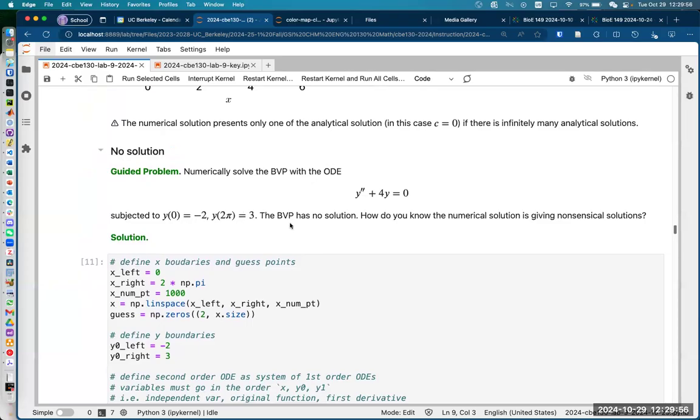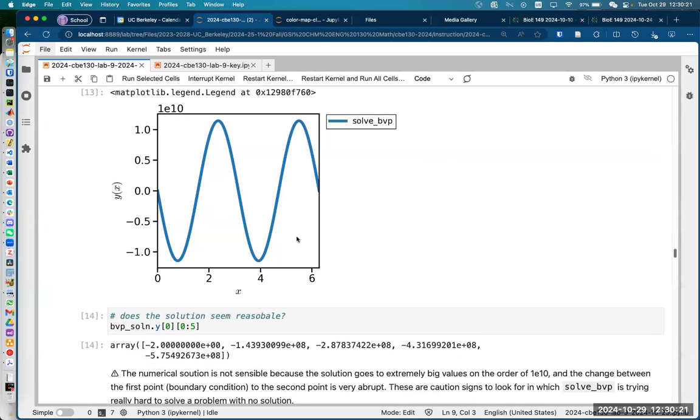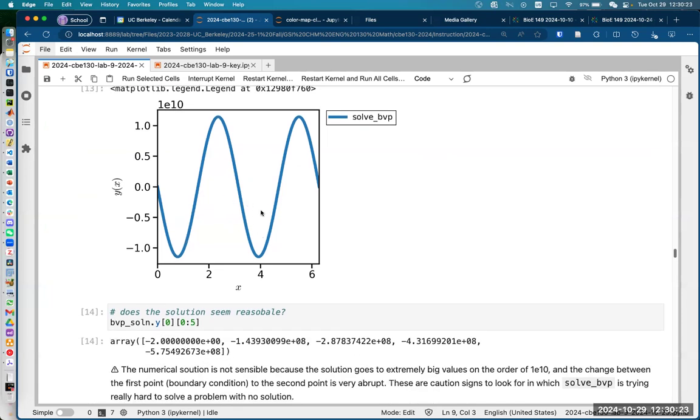And then for the case of no solution, analytically we define it as having no solution. If we solve it numerically, solve_bvp will still return one solution for you. But you have to identify that the solution is not reasonable because it starts at 0, but it oscillates to 1e10. 1e10 in math is 10 to the 10. So the variation is too big, so you can identify it as a non-reasonable solution.